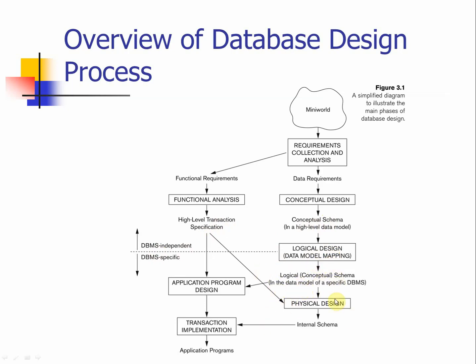Once you have built up this database, you will start working with the functional analysis, and then you can create the application programming design. And basically, we will be able to do the queries or find information from the database. Therefore, by looking into this big picture, you will understand the first part of the semester.